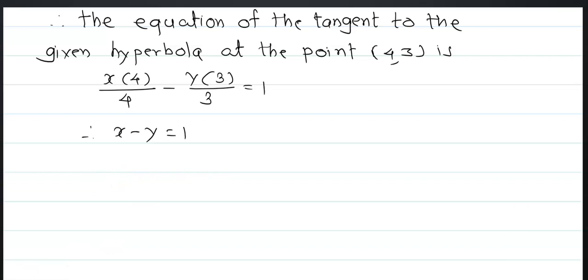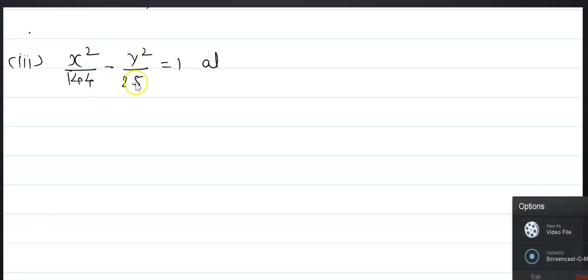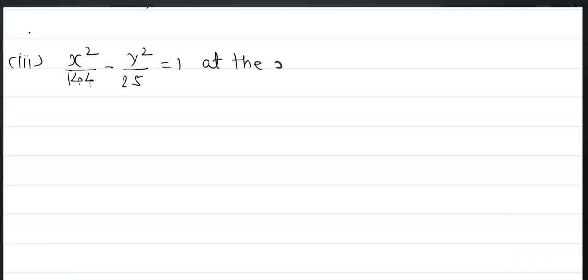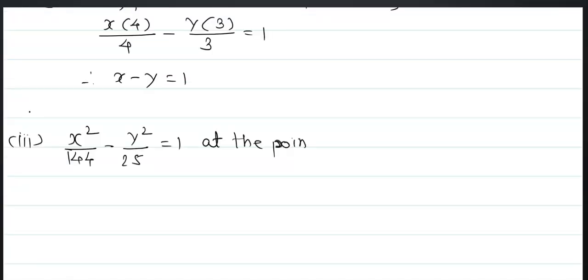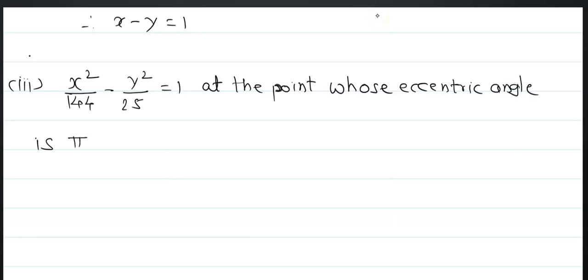Now next is the third one. x square upon 144 minus y square upon 25 is equal to 1 at the point whose eccentric angle is pi upon 3.